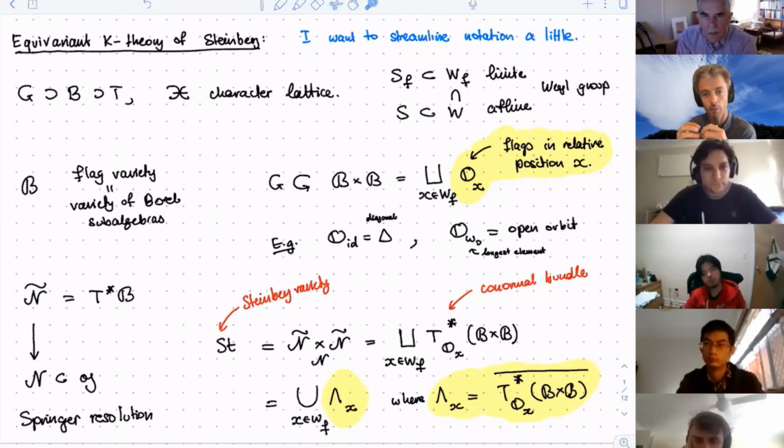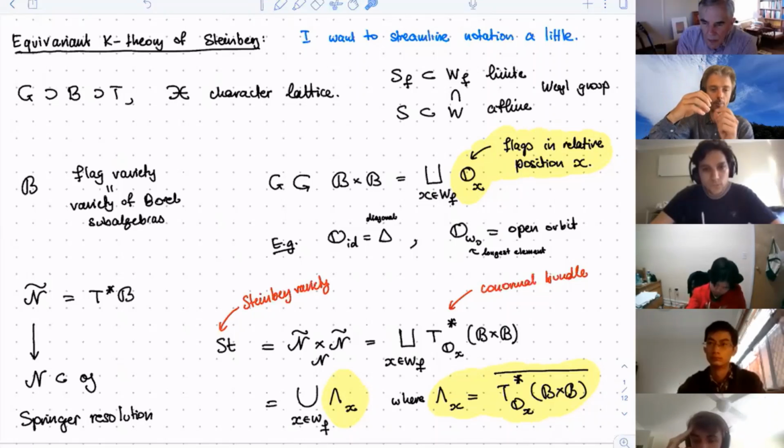And this occurs when we pass to the conormal space. So the conormal space of P1 stratified by P1 and a point would be the conormal to the open orbit, which is just the open orbit itself, plus the conormal to the identity, which would be the whole cotangent space at the identity. And so we have two pieces which are of equal dimension.